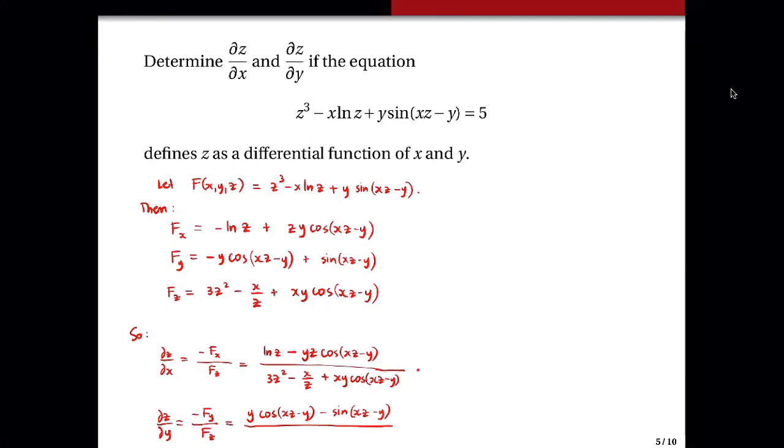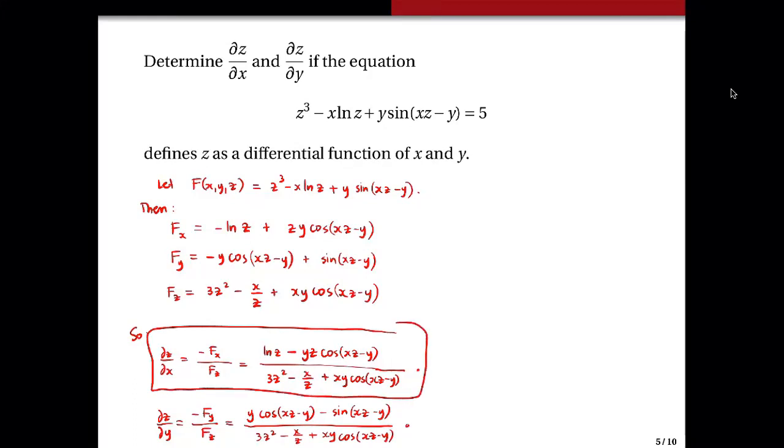So you have 3z squared minus x over z plus xy cosine xz minus y. So you can write the final answers in this form. Okay. So these are the final answers. Questions?